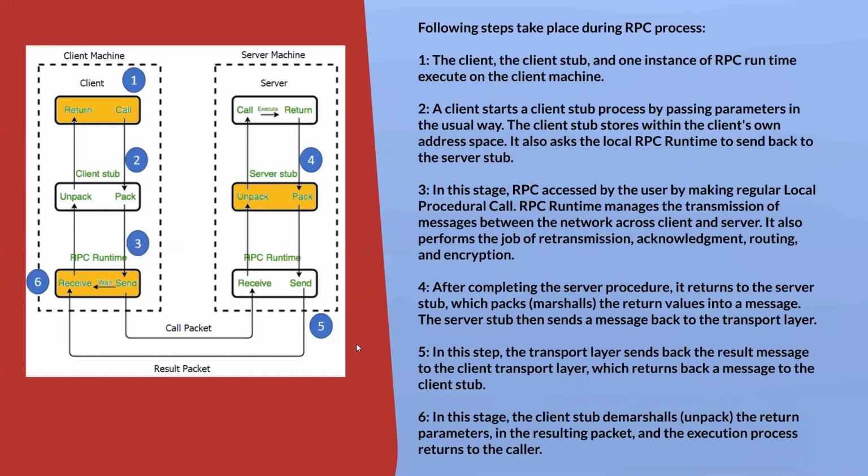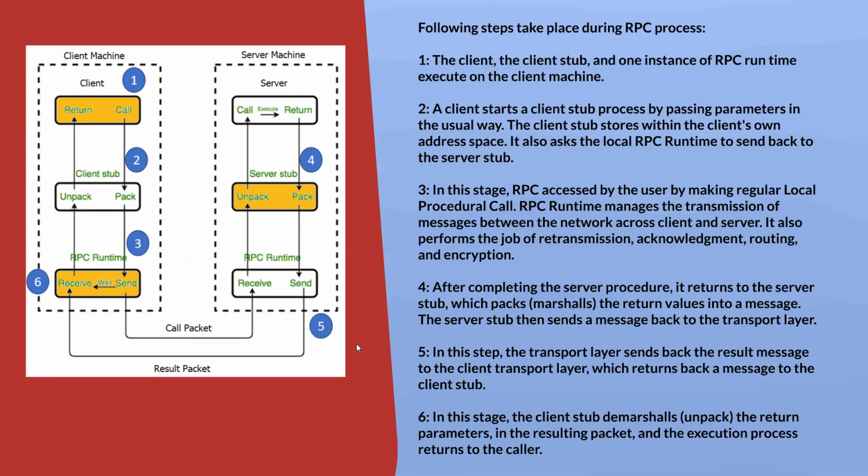So in the first step, we can see that the client, client stub, and one instance of RPC runtime execute on the client machine. The client starts a client stub process by passing parameters in the usual way. It also asks the local RPC runtime to send it to the server stub.